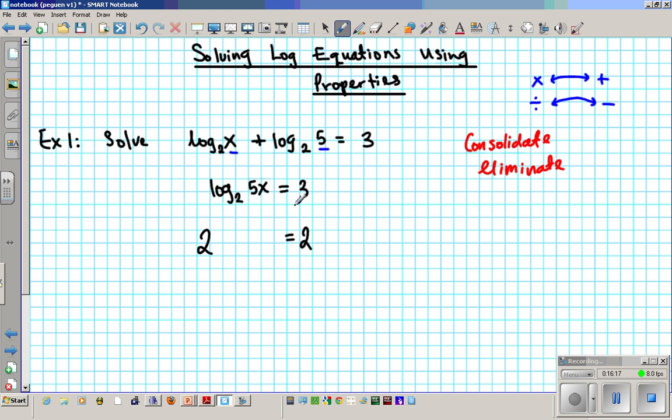Everything else becomes exponentiated, like that. On the left side, the 2 and the log base 2 cancel out, so you have 5x, and 2 to the third is 8. To get x by itself, you divide both sides by 5, and your answer is x equals 8 over 5.